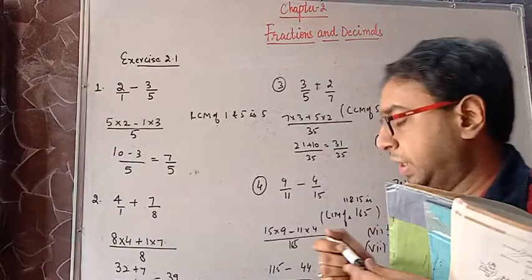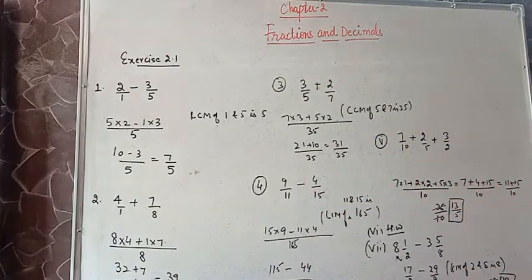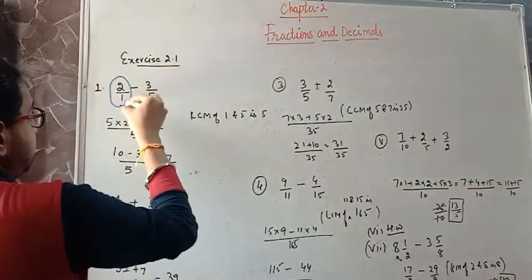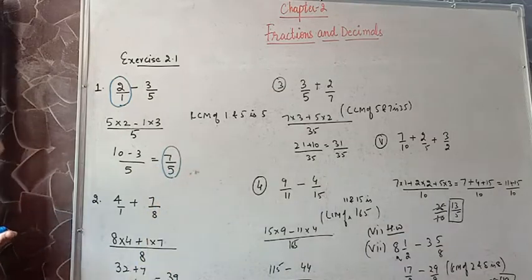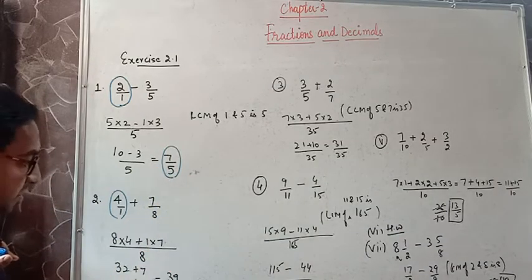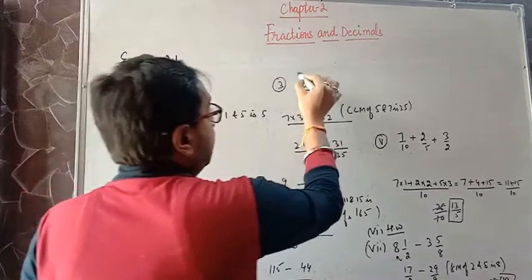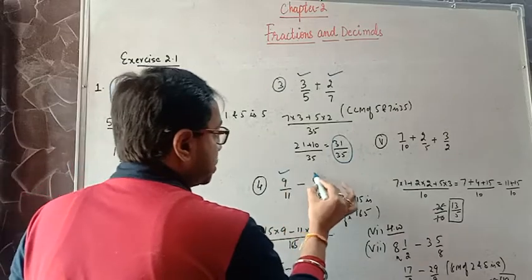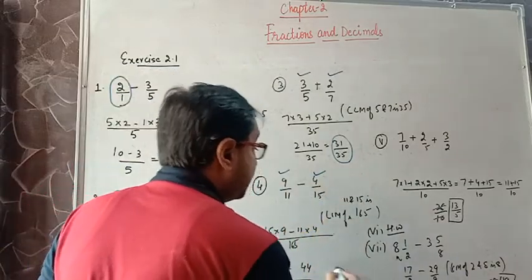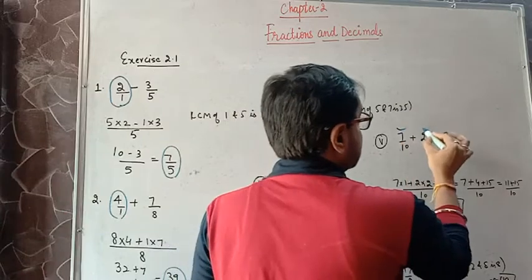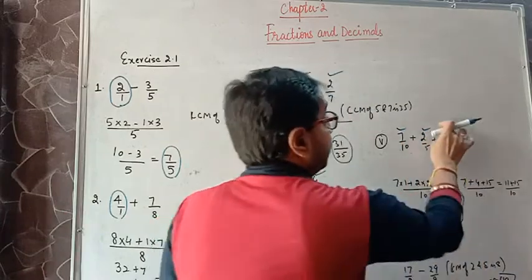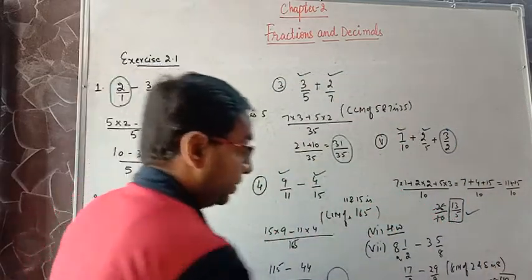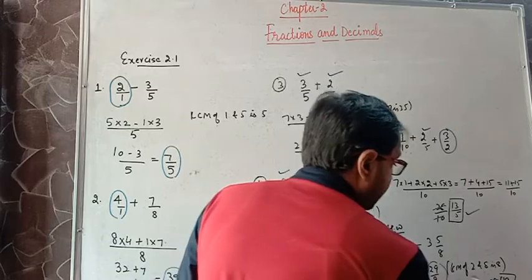I want to show you one thing with the answers. If you clearly observe, improper fraction, answer is improper. Proper fraction, answer is proper fraction. Proper fraction, improper fraction, answer is again improper.